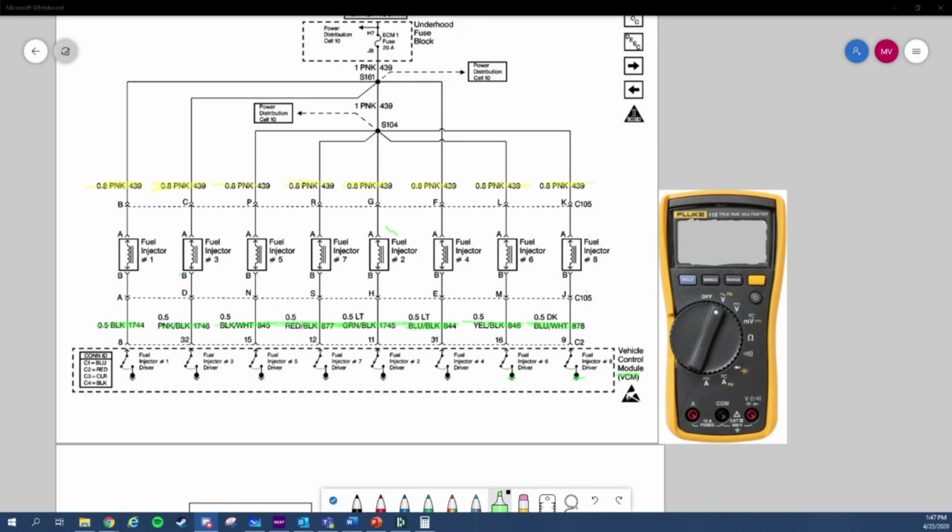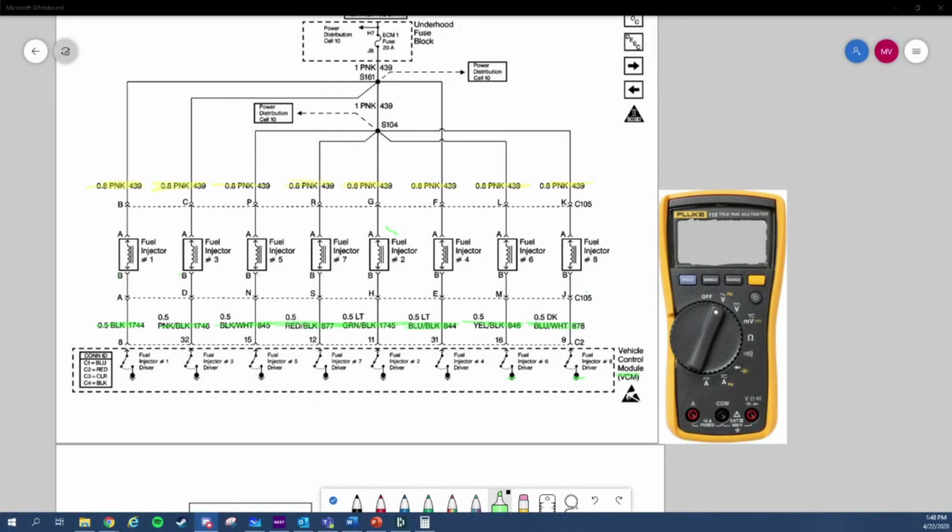On your system, you had a Passlock 2, which is an older GM security system, which used an internal resistance in your key. When you insert the key into the ignition, it senses this resistor and matches it up with its database. If it does not match, it will not turn on. Could it have been loose or something? It could have been, because I asked you to solder it, right? To see if it had a better connection. You soldered it and it hasn't failed. That's good for now. Hopefully that's it for now.